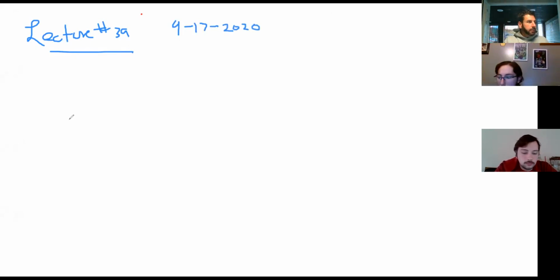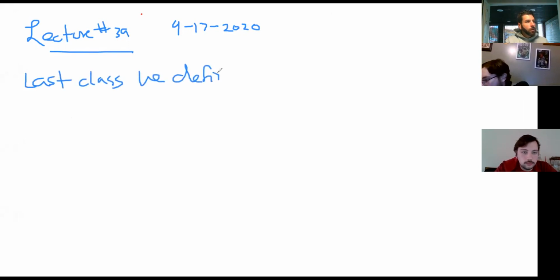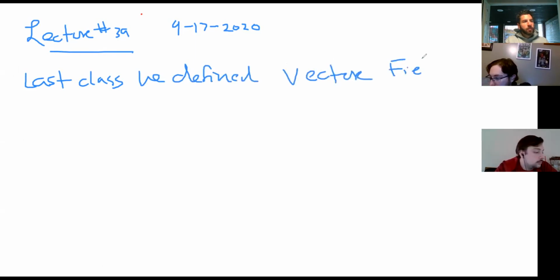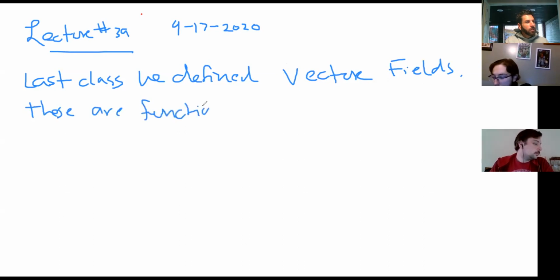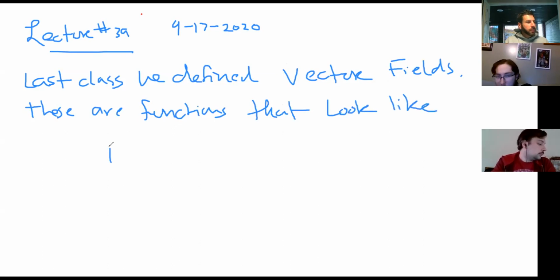So last class, we defined vector fields. What do they look like? They're functions that look like something like this.